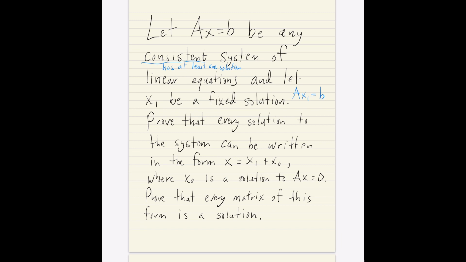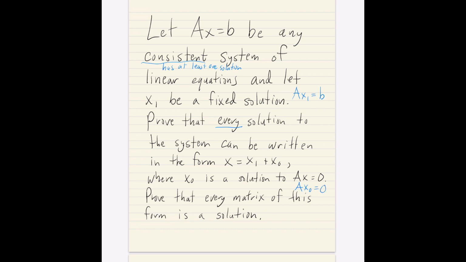Prove that, there's our key word right there, every solution to the system can be written in the form x equals x1 plus x naught, where x naught is a solution to Ax equals 0. So we also know that A x naught is equal to 0.